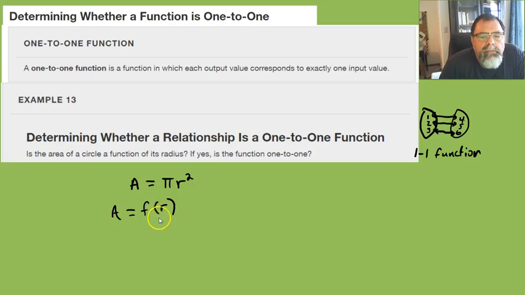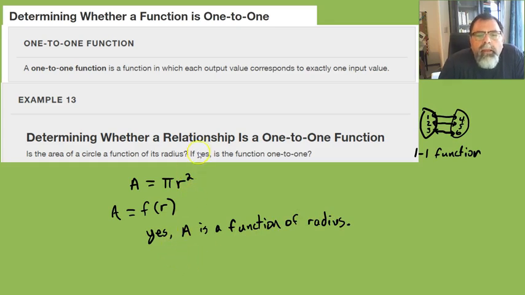The answer is yes, because if I plug in a number for r, I'm only going to get one answer. So yes, area is a function of radius.